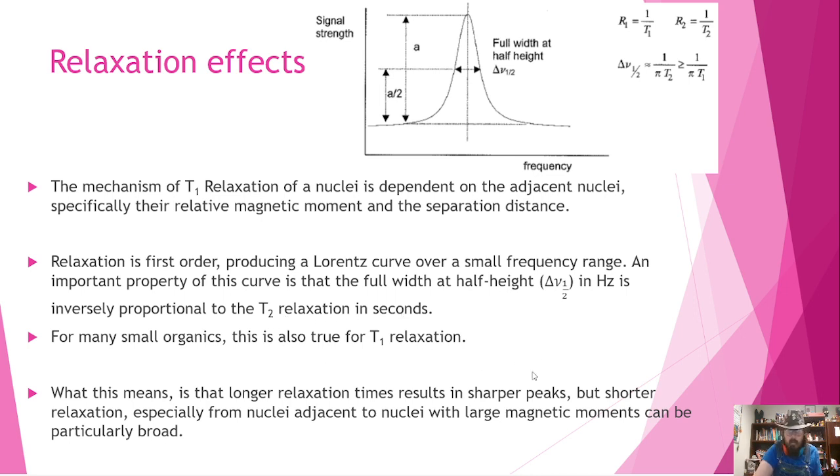This means longer relaxation time results in sharper peaks. But shorter relaxation, especially from nuclei adjacent to nuclei with large magnetic moments, can be particularly broad. If we give things more time to relax, we're going to have sharper peaks overall, but some of those things are out of our control.